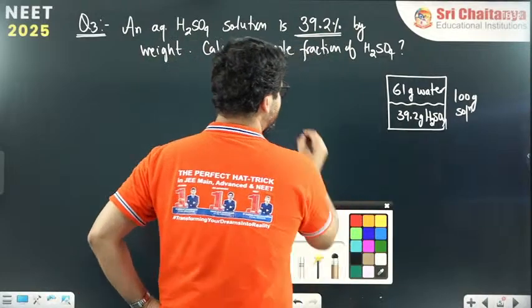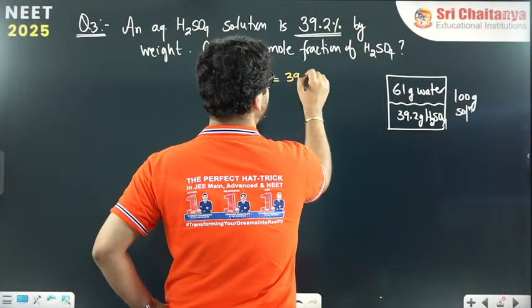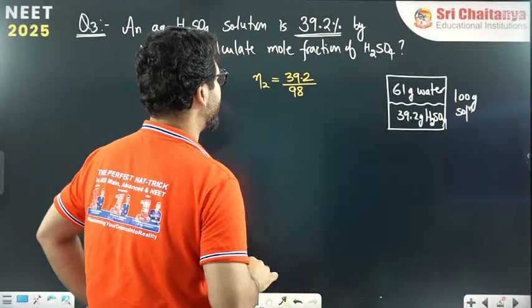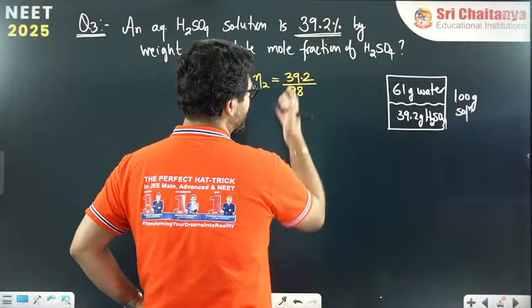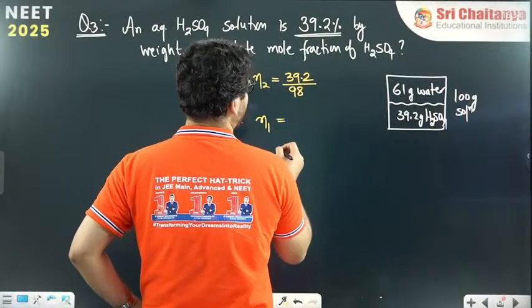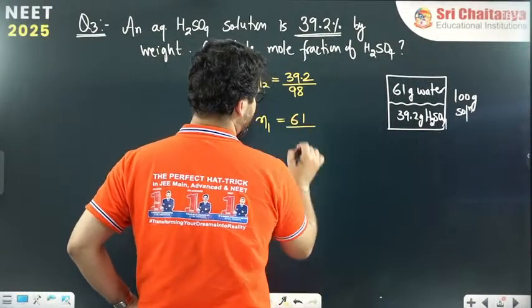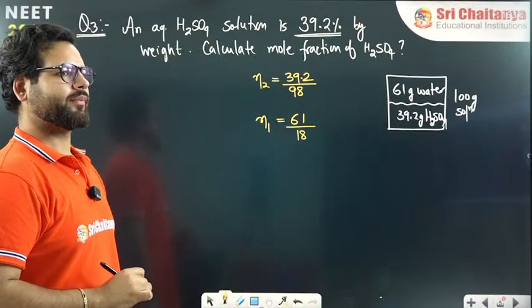So we can say here moles of H2SO4 is 39.2 by molar mass 98 gram, which is exactly going at 0.4, 40 by 100, which is 0.4. And moles of water from here will be 61 gram water by 18, 61 by 18.